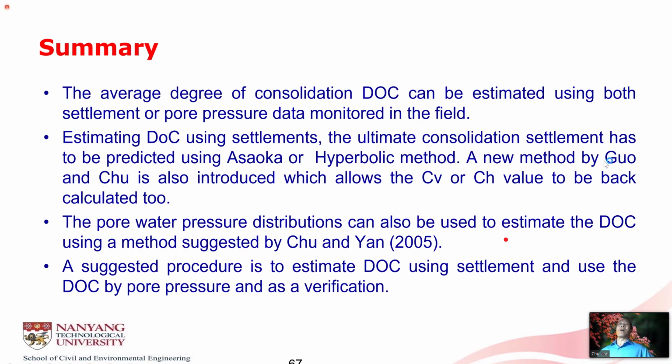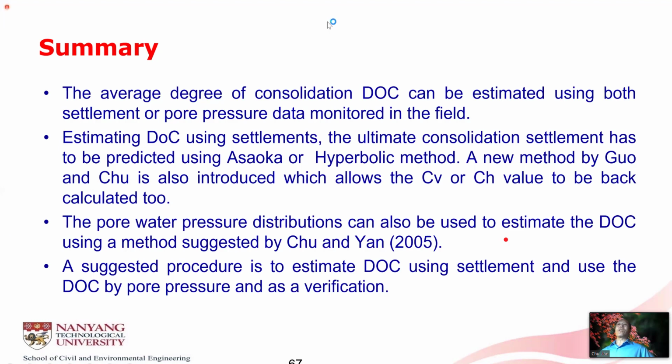A new method by Gore and Chu is also introduced, which allows the CV or CH value to be back calculated. The pore water pressure distribution can also be used to estimate the degree of consolidation using a method suggested by Chu and Yan in 2005.